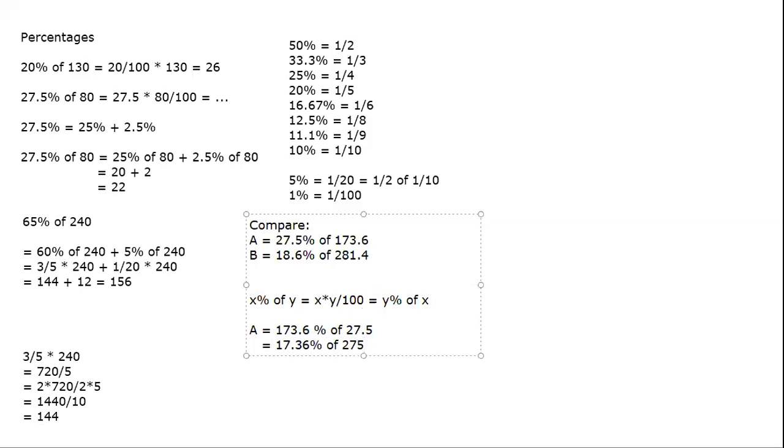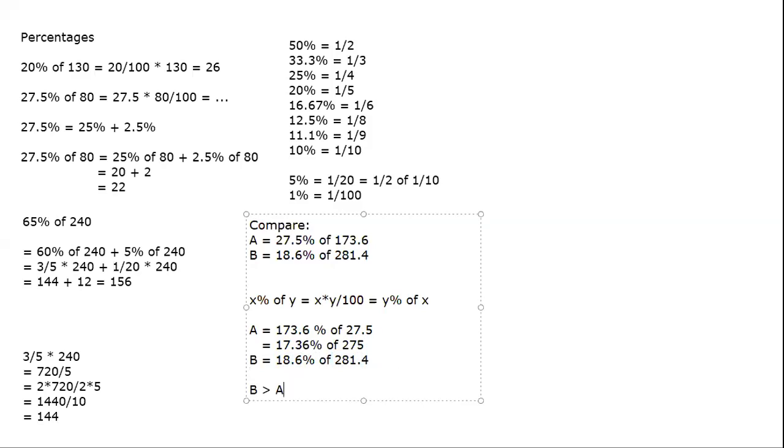There is no change in this. Same thing. And now you see B is 18.6% of 281.4. So B is a higher percentage value of a higher term, right? So B is greater.